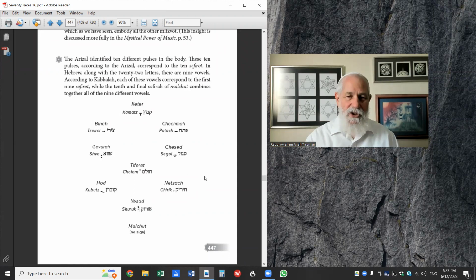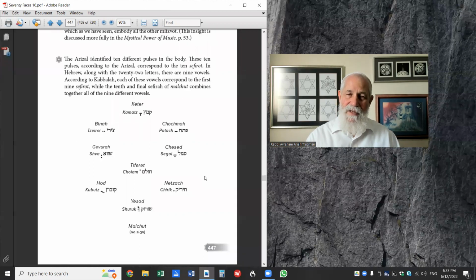Now, if you look at this chart of the vowels, you'll see that all of them are either lines or dots or a combination of the two.